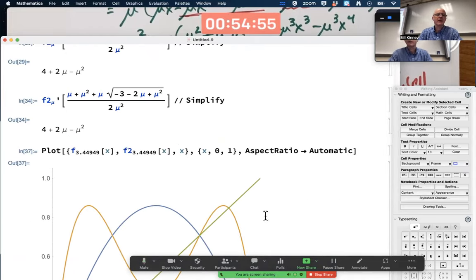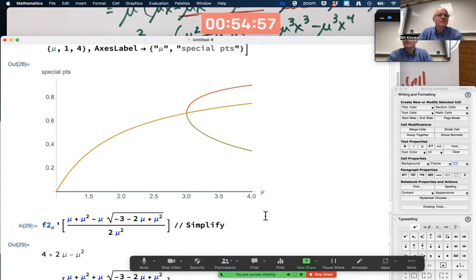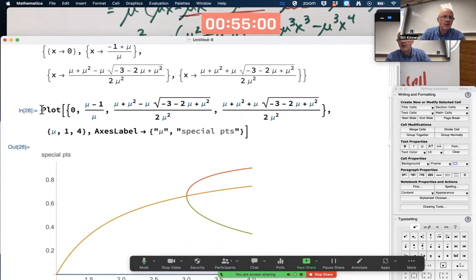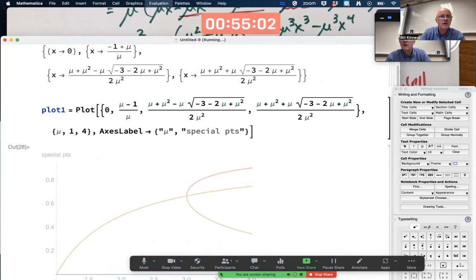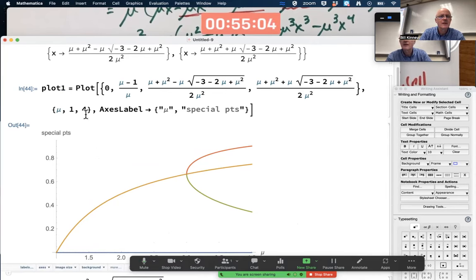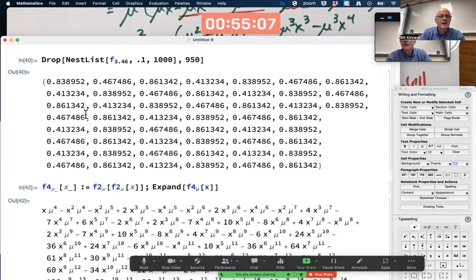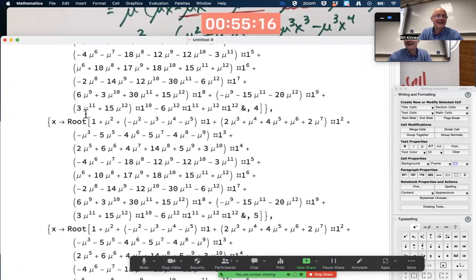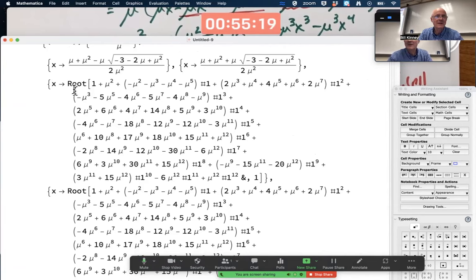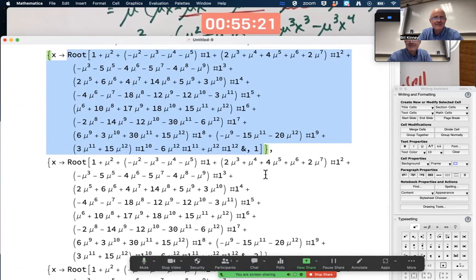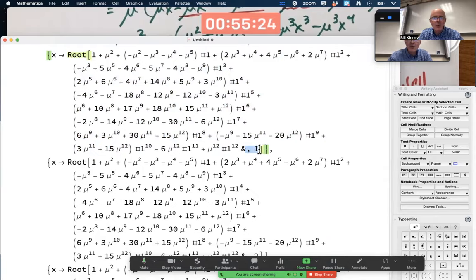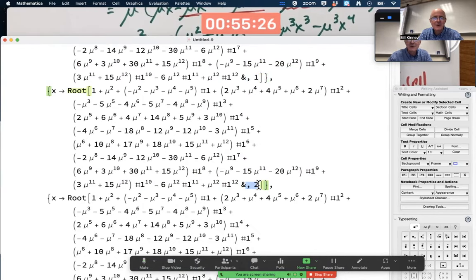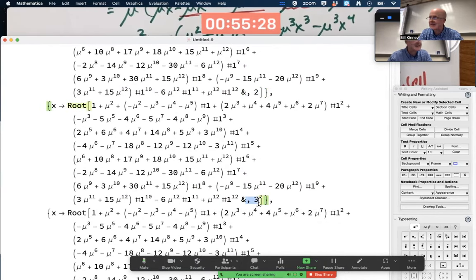Let me go back up here. Let me give this plot a name. Let me call it plot 1. Can I possibly get Mathematica to plot these other roots as functions of mu? I tried it ahead of time. You can. The only difference between them in Mathematica is comma 1 versus comma 2 versus comma 3, etc. at the end.